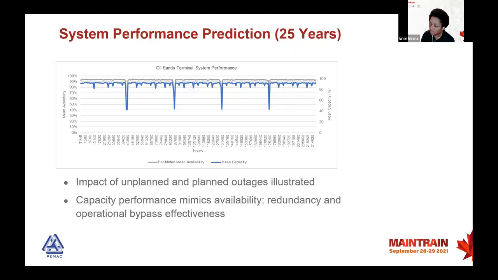But what it demonstrates to us is that the redundancy that's in place, as well as the subsystem and operational bypasses, are effective, in that the dips that we're seeing here are process cleaning activities that have to be performed, or actually they're all process cleaning activities, as well as some known failures or failure times.